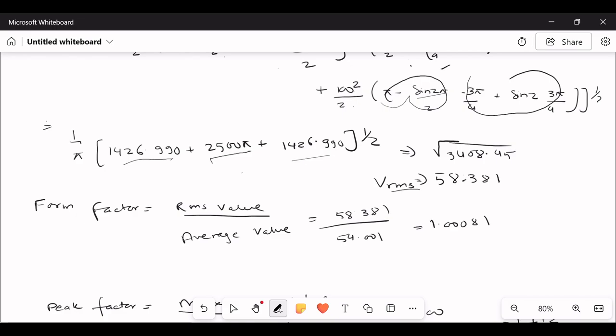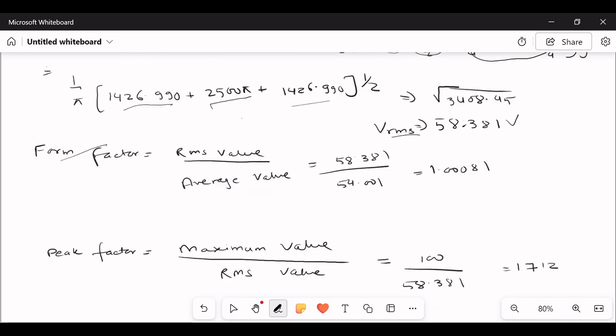58.381 volts. We sometimes also have to find the form factor and the peak factor. Sometimes the question would ask to find the form factor and the peak factor of the waveform. The formula of form factor is RMS value by average value. Our RMS value is 58.381 and the average value is 54.001.